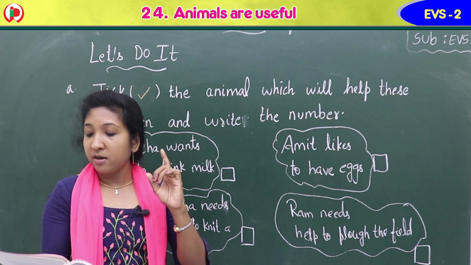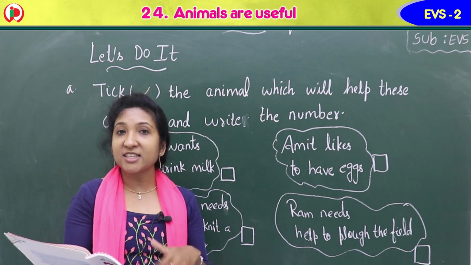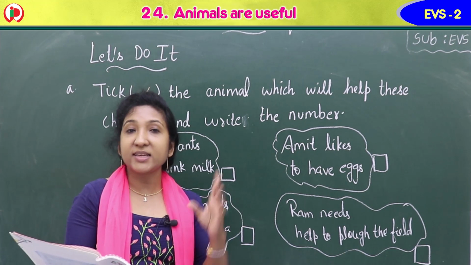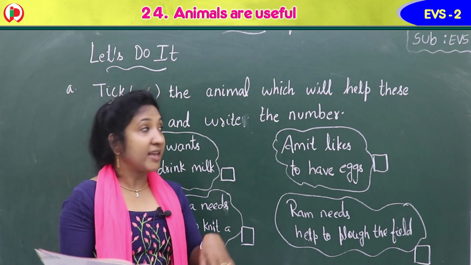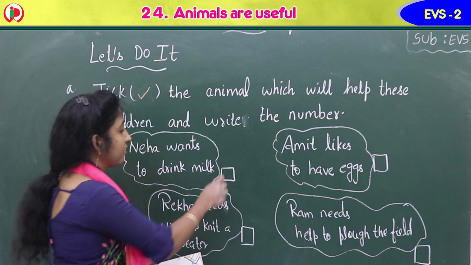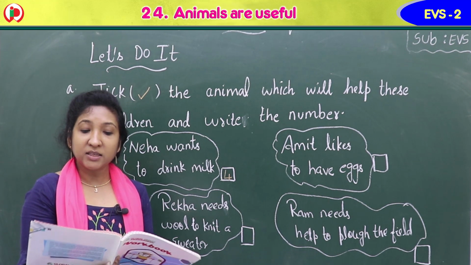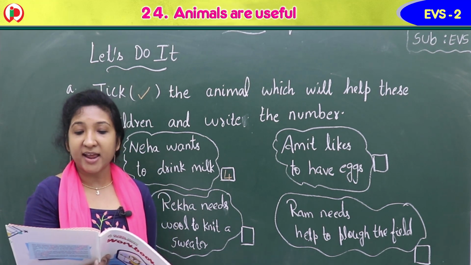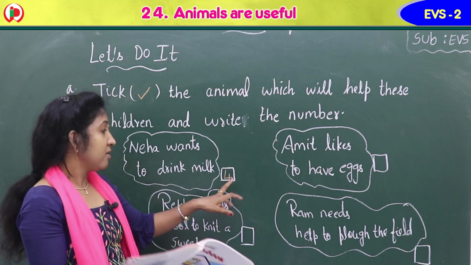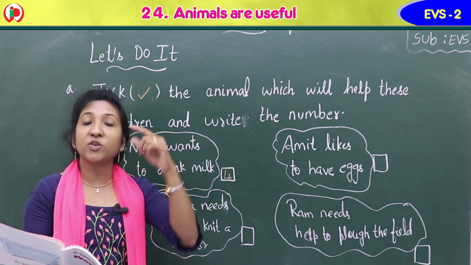So Neha wants to drink milk. Which animal gives us milk? Cow gives us milk. Cow is in number 4. So you have to write the number here. Number 4. Number 4 is cow. Okay. So there you have to give a tick. Tick the animal which helps these children and write the number. Number is 4. And the animal you have to tick is the cow. Number 4 you can give a tick.